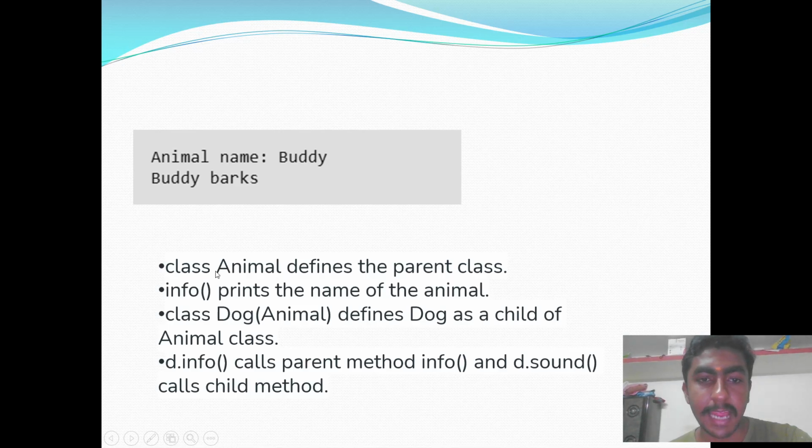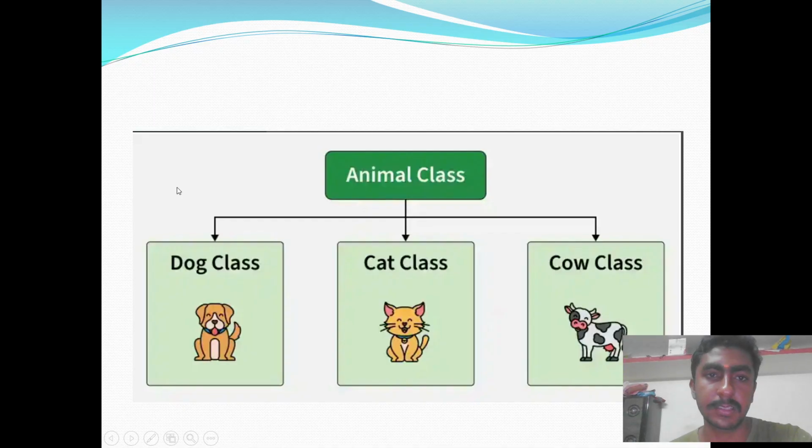The class Animal defines the parent class, and info prints the name of the animal. The class Dog(Animal) defines Dog as a child of the Animal class. So d.info calls the parent method info and d.sound calls the child method. This example gives output like animal name Buddy and then Buddy barks.